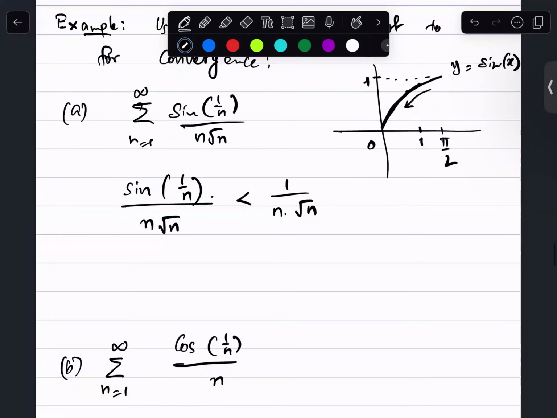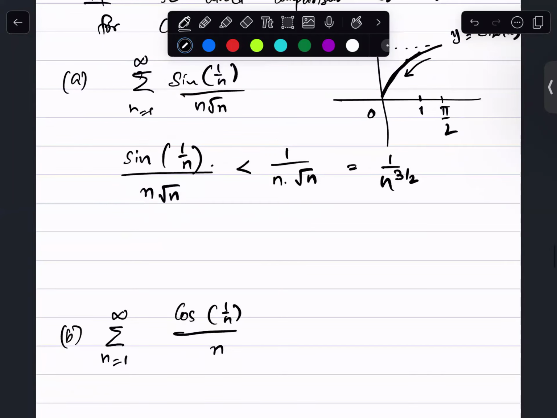So this inequality holds. And this is nothing but 1 over n to the 3 over 2. Summation 1 over n to the 3 over 2 converges, a P series with P being 3 over 2, bigger than 1.